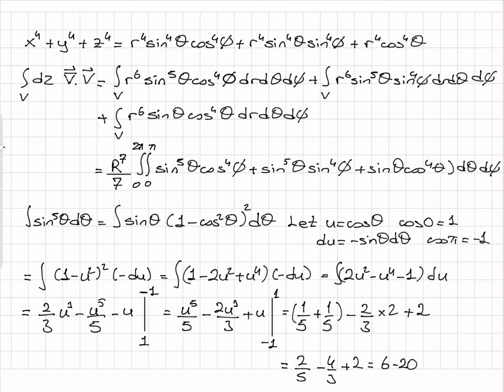And then 2 by 15, I obtain 30 divided by 15. So I wrote the common denominator. So 6 over 15 is 2 over 5. Minus 20 over 15 is minus 4 over 3. And I have plus 2. So this is 30 minus 20 plus 6, 16 over 15.